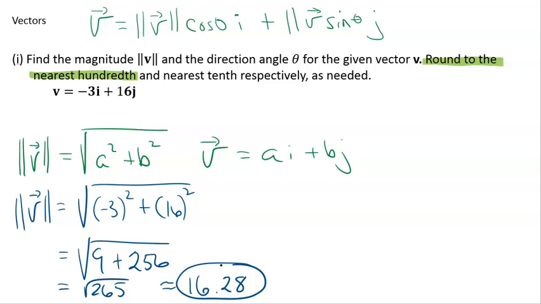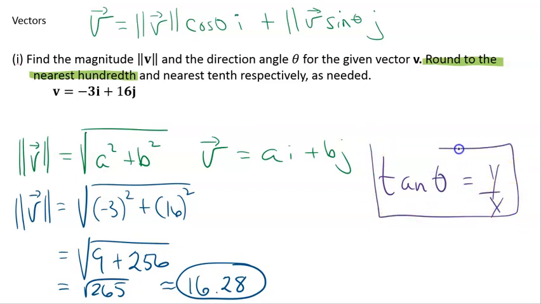Well, you know the deal. You know the story. Tangent of theta. Tell me about tangent of theta. So tangent of theta is equal to y over x. That's just the general formula for tangent of theta, right? Well, we have a y component and an x component. So how about we use that?